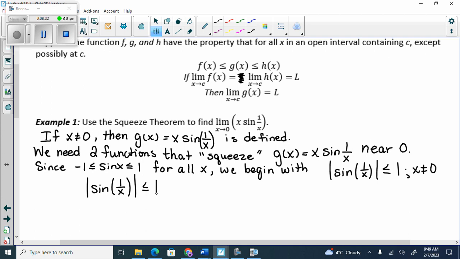But you're saying the original has an x in it. We agree? So we're going to multiply this side by the absolute value of x and this side by the absolute value of x. What we do to one side, we have to do to the other side. That's not something we can switch out. So now we have the absolute value of x sine 1 over x is less than or equal to the absolute value of x.